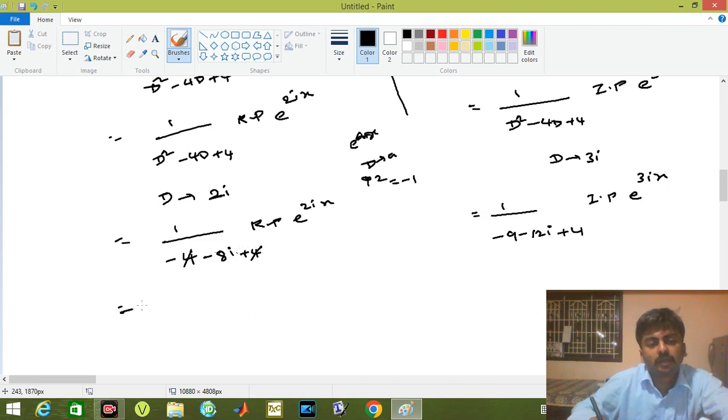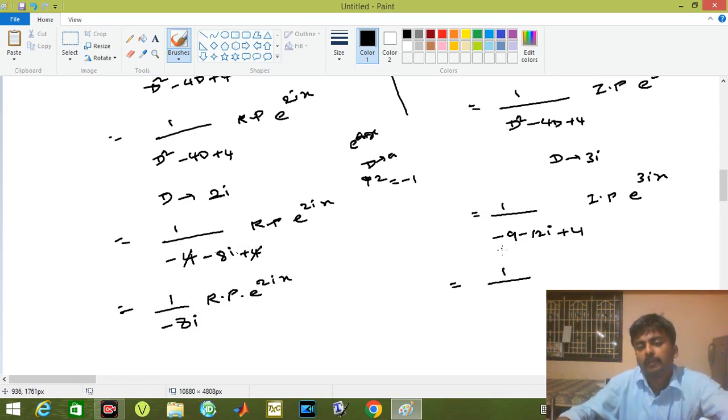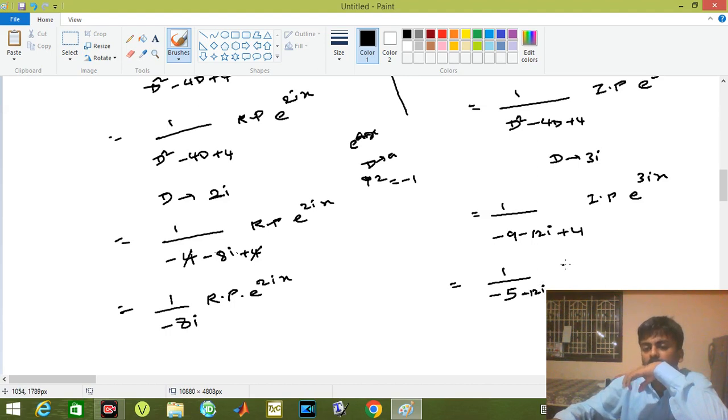You will get 1 divided by minus 8i into real part of e power 2ix, and here you will get 1 divided by minus 9 plus 4 is minus 5, then minus 12i into imaginary part of e power 3ix.